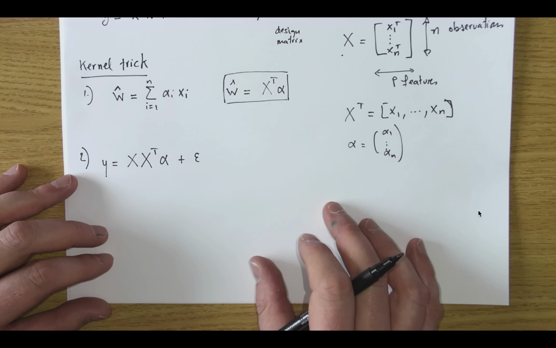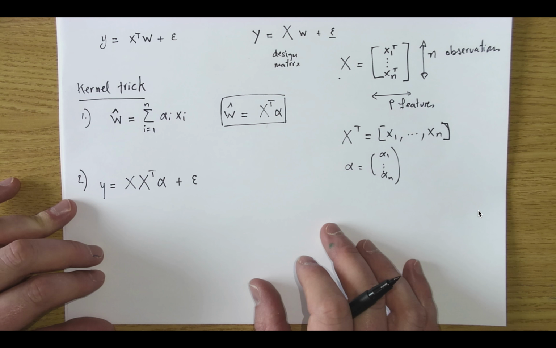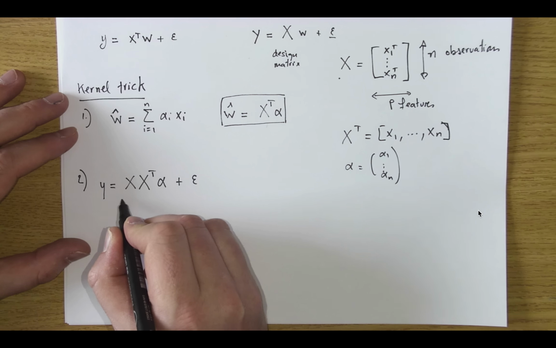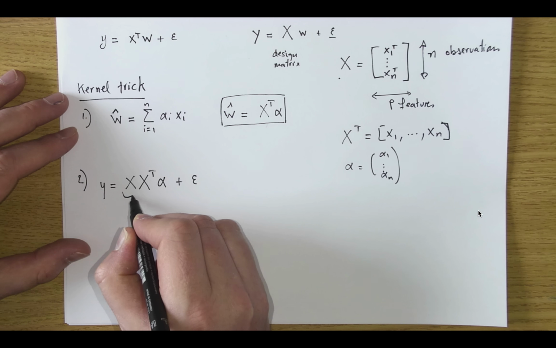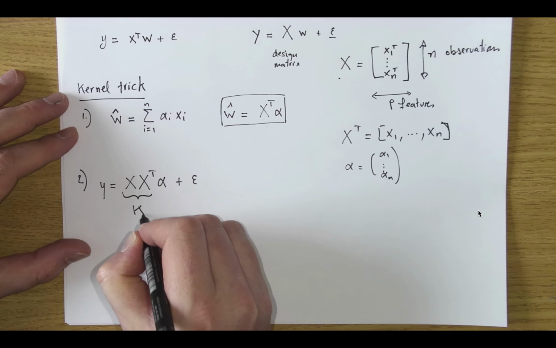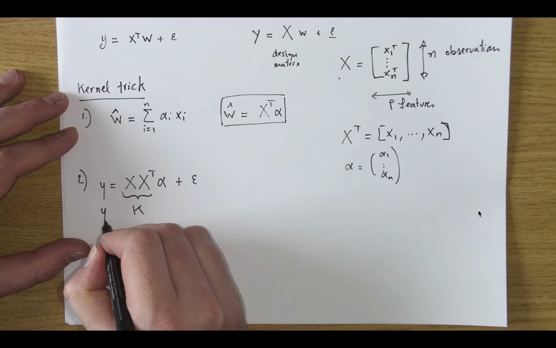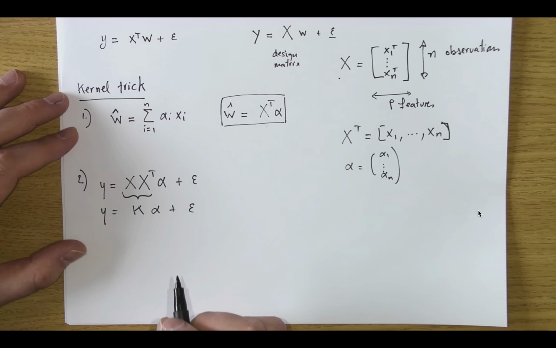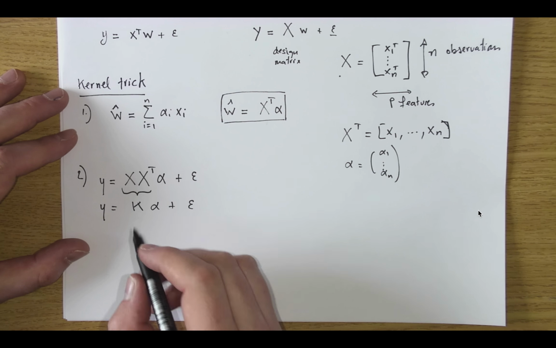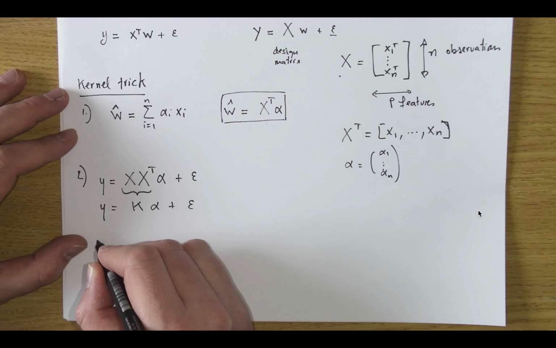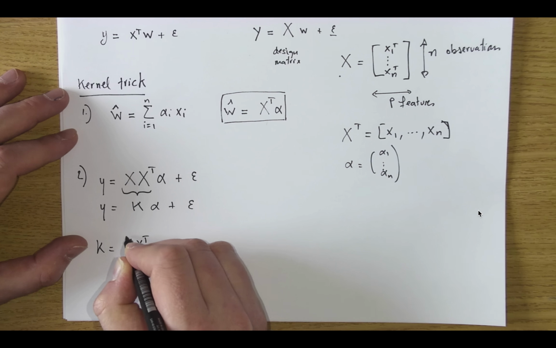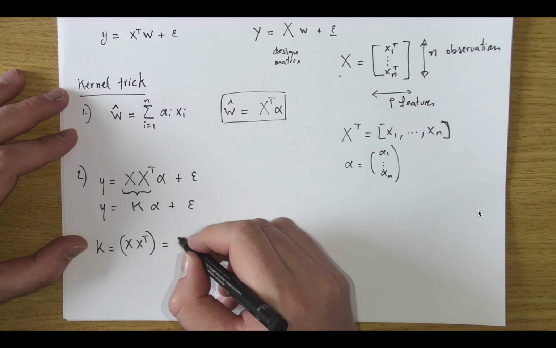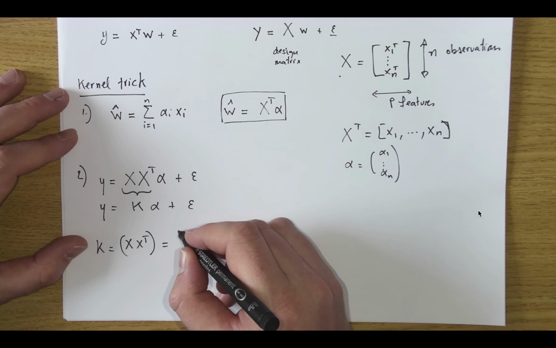All right, so what does it mean? If you look at this matrix here, why is that interesting? We're going to rename it K. This is actually called a kernel matrix, and we just say that y is K times alpha plus epsilon. But here's the thing. This matrix X times X transpose, I'm going to write explicitly.